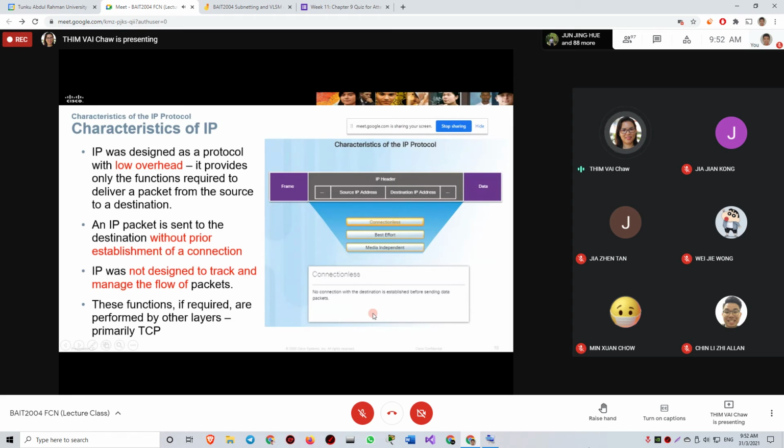It means that when packets are sent from the source to the destination, no permanent connection has been established before the data is sent at the network layer, for the internet protocol. You might say, it looks like it's not the same. Pay attention.